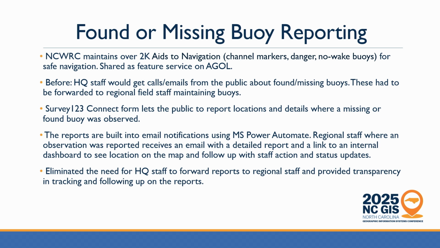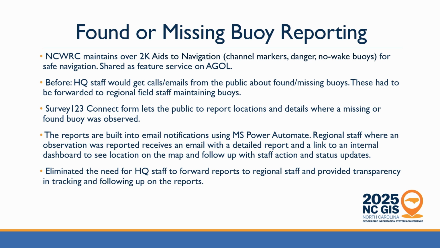So we again applied a Survey123 Connect form to let the public directly report locations and details where missing or found buoys are observed. Those reports are again built into email notifications going directly to regional staff.